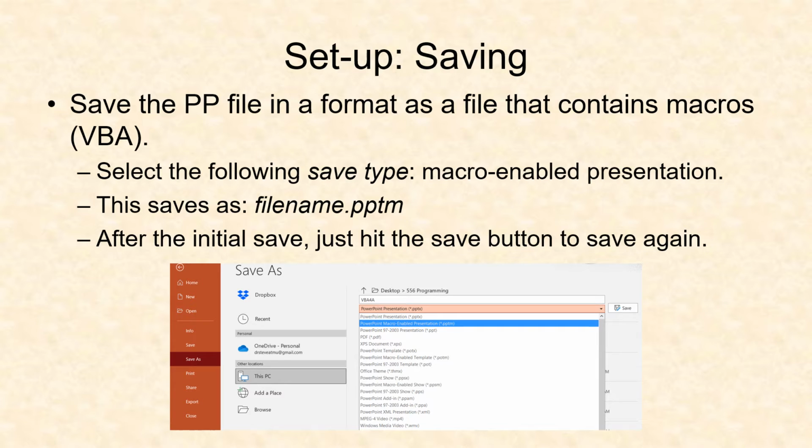To do this, say File Save, and then you want to say Save As, and you want to select that file type. The file type is a macro-enabled presentation, and it suggests that it's going to create it as a .pptm, and M, of course, for macros. So save that file, give it a name, and then in the future all you have to do is hit the Save button, and it'll save in that format from that point on.